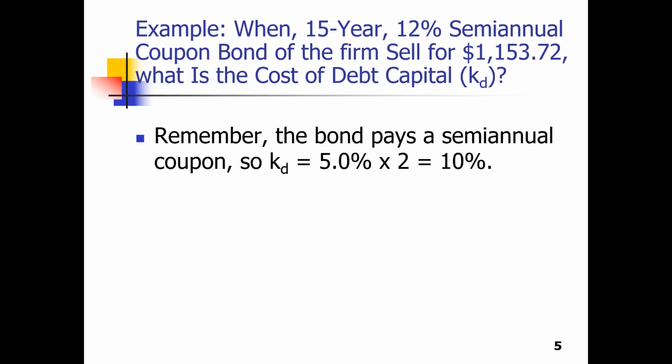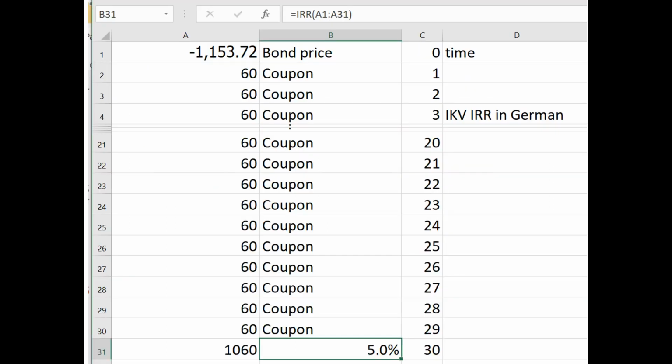Usually we do this with an Excel. But before we go to the Excel, we look at how much the bond pays, 12%, and it's semi-annual, so it pays 6% per period. I have an Excel calculation and sheet on Ilias, but here is a picture of it.